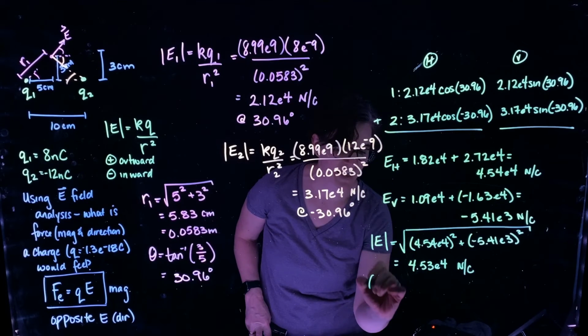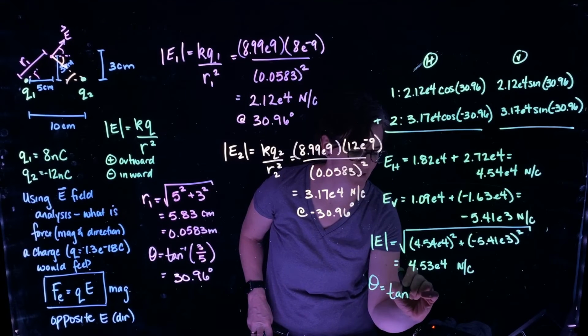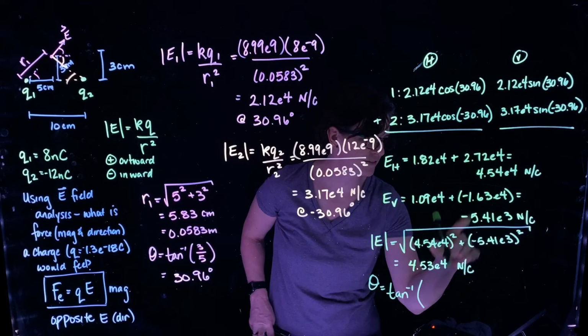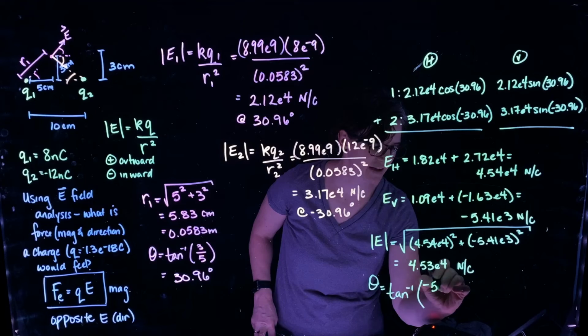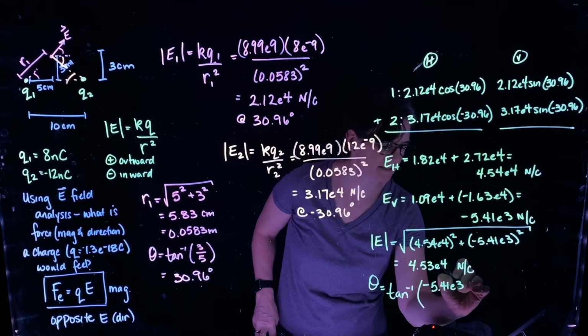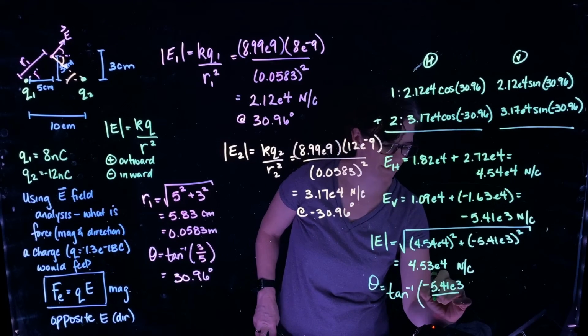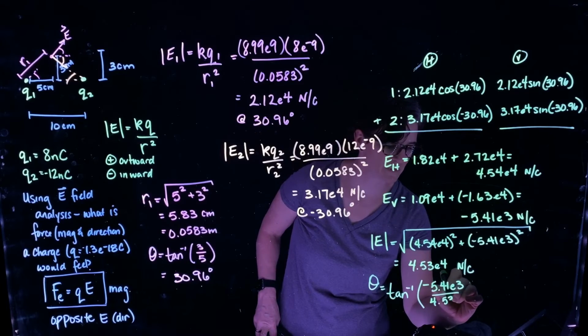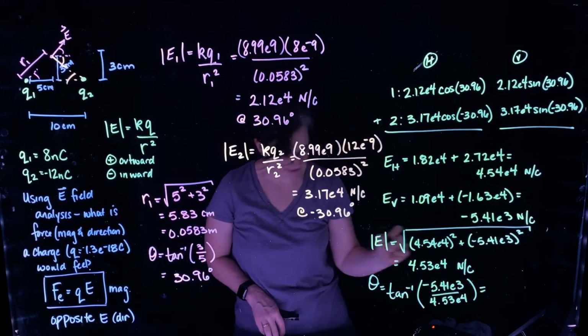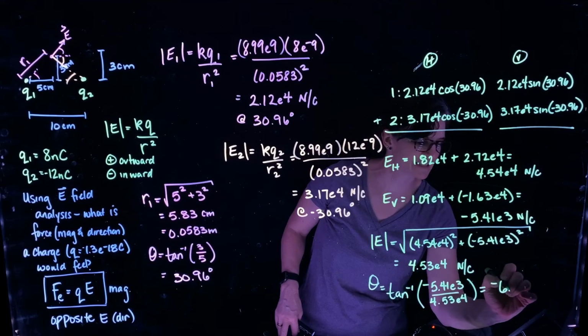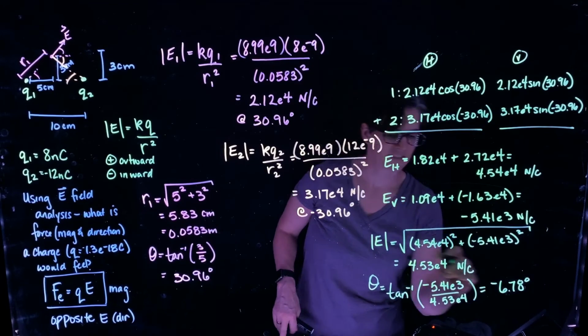And to get my angle, I take the inverse tangent of the vertical component, 5.41 times 10 to the third over a positive 4.53 times 10 to the fourth. And I get an angle of negative 6.78 degrees.